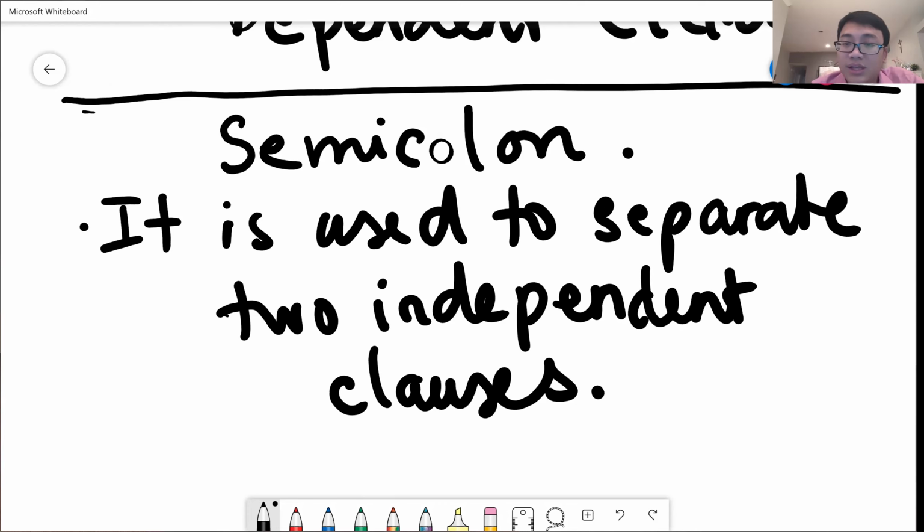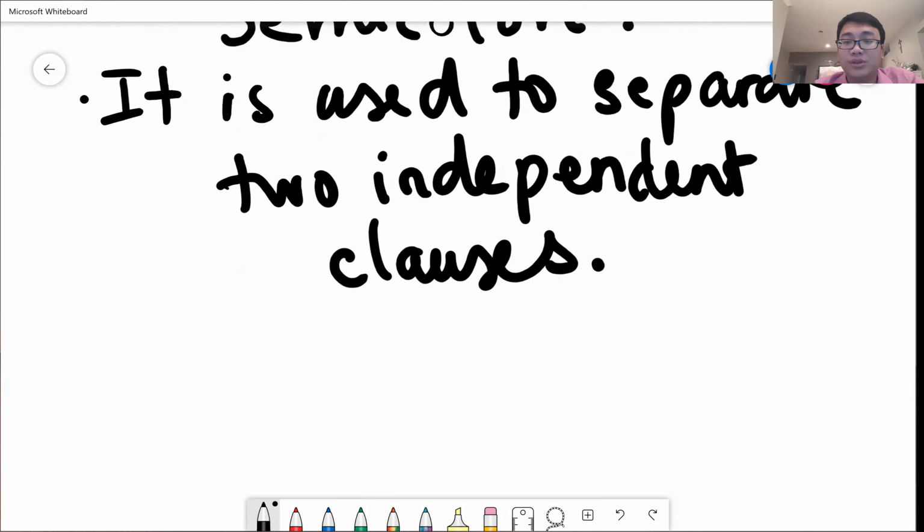Its use is the same as a period. The only difference is if you use a period, you must capitalize the first letter of the second sentence. But basically, if you want to insert a semicolon between two clauses, ask yourself, are those two independent clauses?